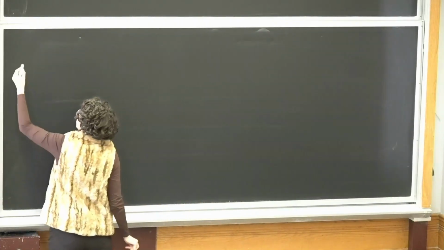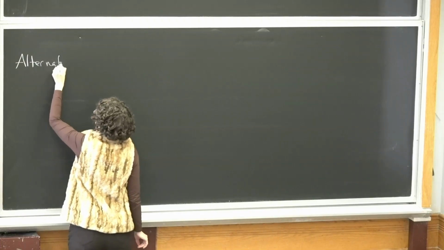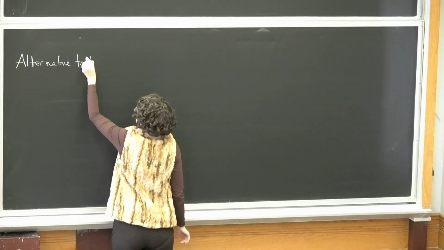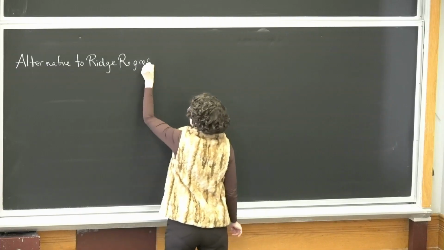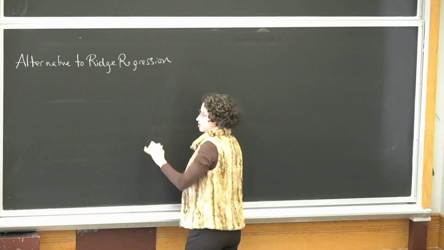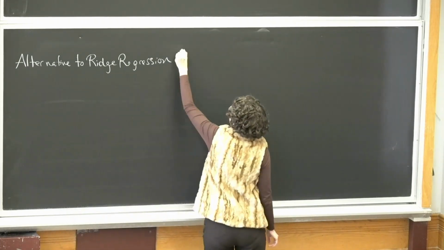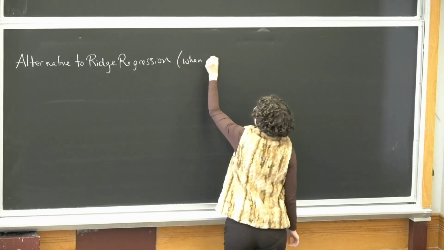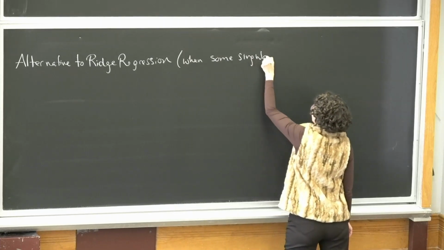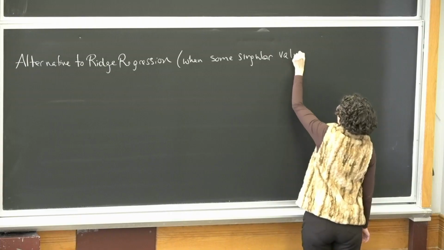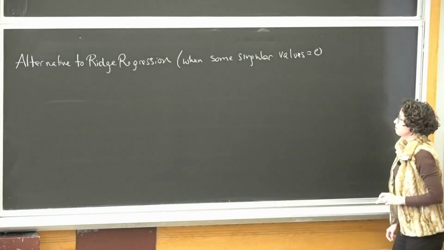So I want to talk in particular about an alternative to ridge regression that specifically is of interest when some of our singular values are equal to 0.